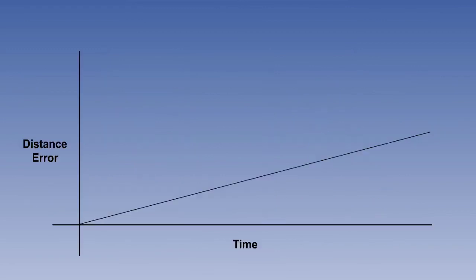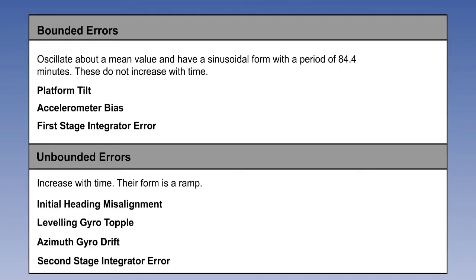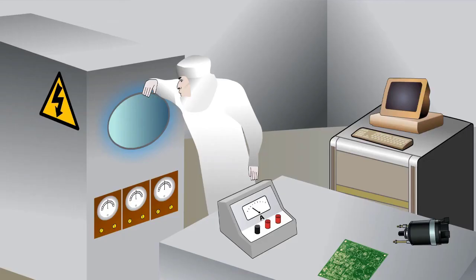We then said that there were other errors that don't fit this pattern, and that these are known as unbounded errors. This is the summary of errors, which you must remember. They give an error propagation pattern like this. On a standalone INS, these errors cannot be removed.